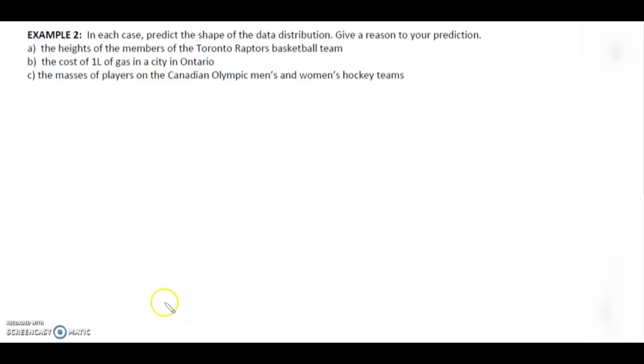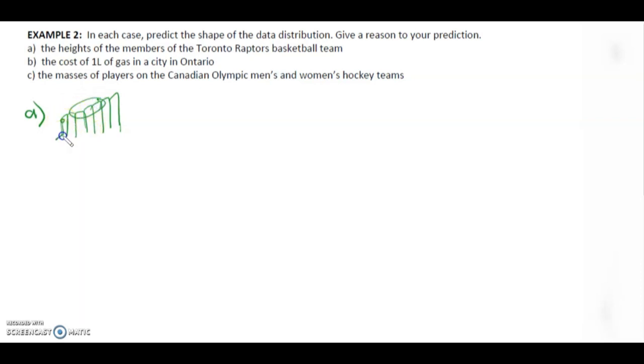Okay, example 2, in each case, predict the shape of the data distribution and give a reason for your prediction. So the heights of the members of the Toronto Raptors basketball team. So if you look at the heights, I would say most people are around the middle.